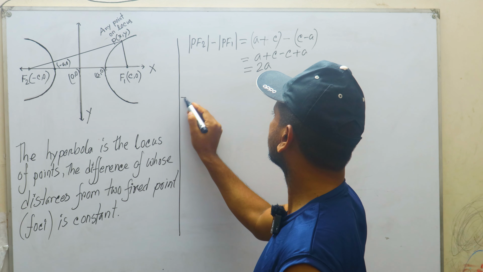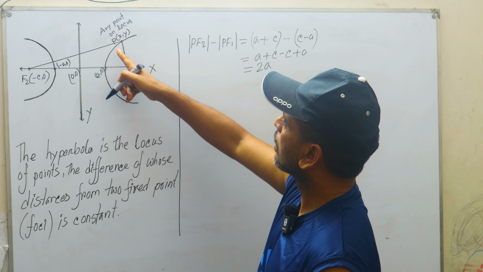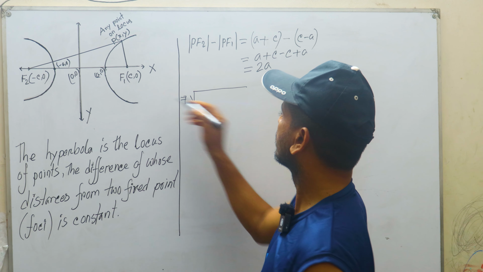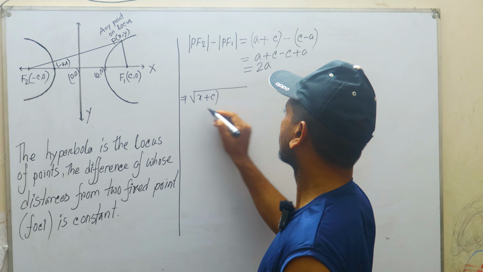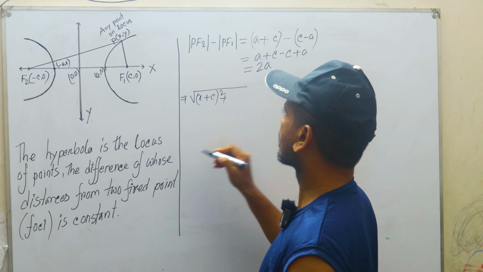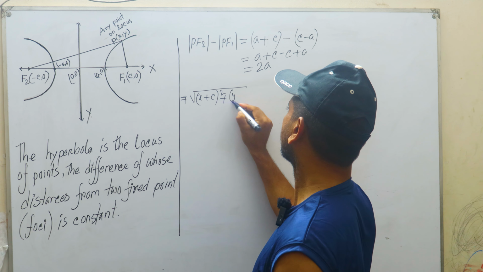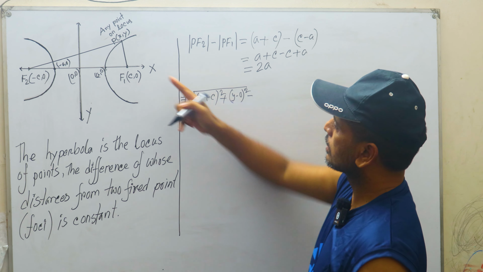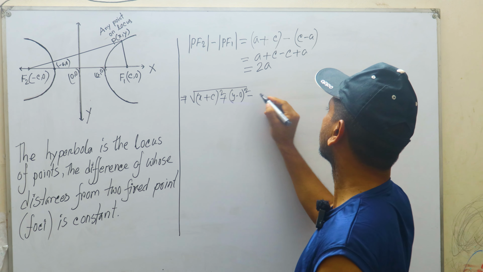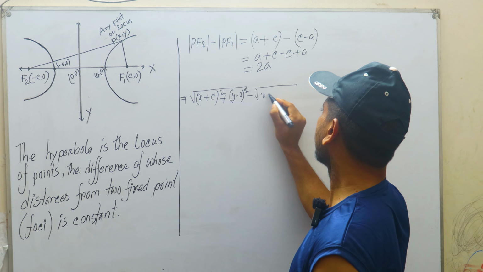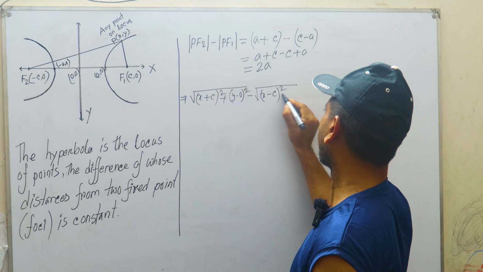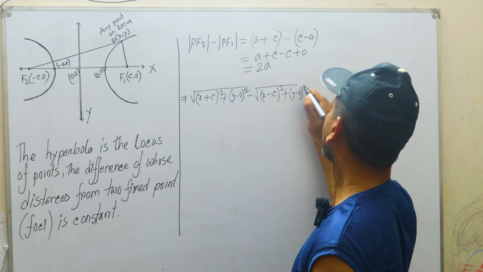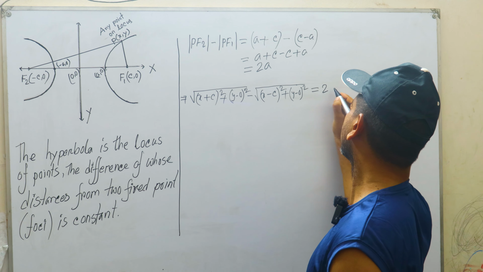Now the distance from point P to F2 is square root of (x plus c) whole square plus (y minus 0) whole square, minus the distance from P to F1, square root of (x minus c) whole square plus (y minus 0) whole square, equal to 2a.